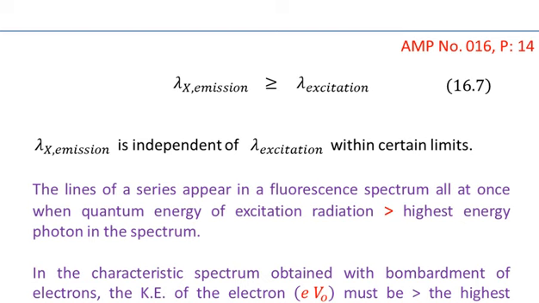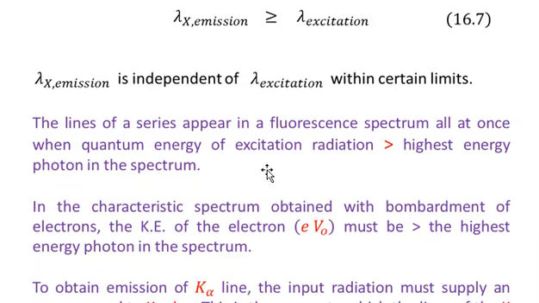But under certain conditions, this may be assumed independent. So the lambda X emission will be greater than the lambda excitation, because the energy that is released by the sample will be smaller than the energy it has absorbed.